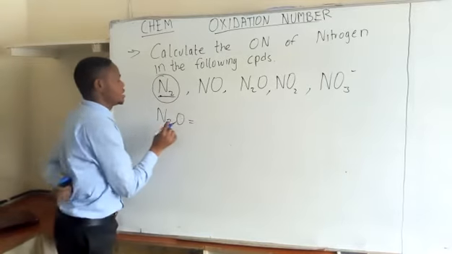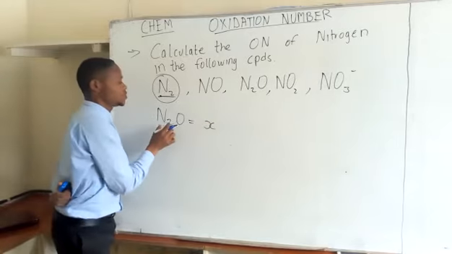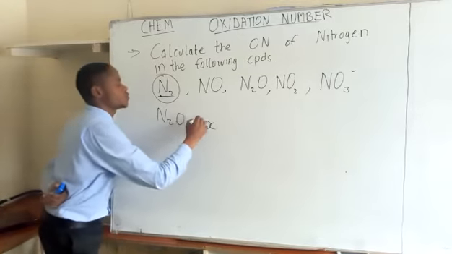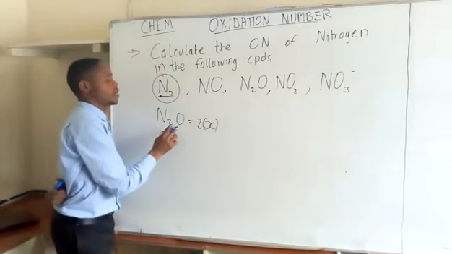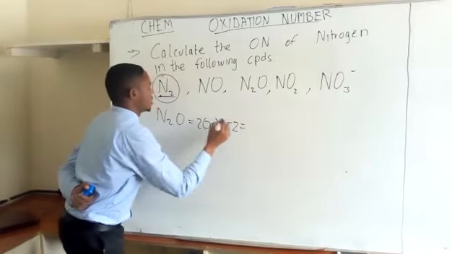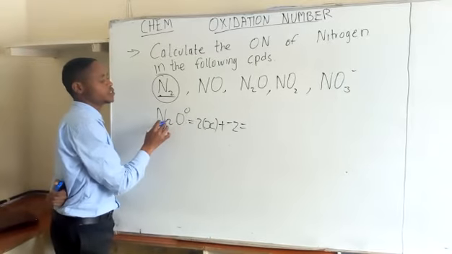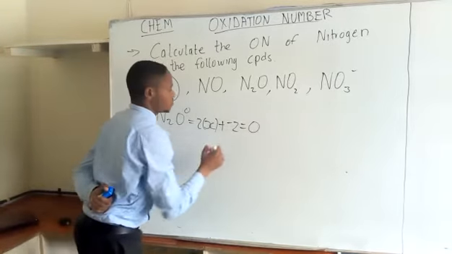As usual, let the oxidation number of nitrogen be X. But how many nitrogen do we have here? We have 2, so it should be 2X. Oxygen has an oxidation number of -2. This is also a neutral compound, so the sum of the oxidation numbers of the two elements should give us 0.